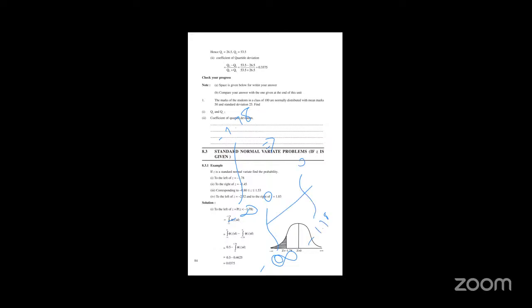In place of the first, we substitute 0.5, and the other we need to solve. Substituting these values, we get approximately 0.4625. When you subtract this, you get 0.0375.